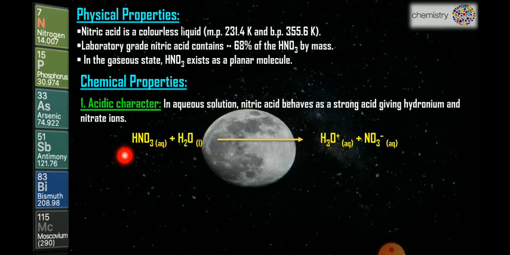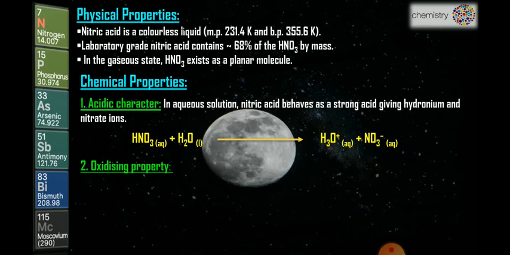So this ionization of nitric acid in aqueous solution indicates that nitric acid is a strong mineral acid. It's an Arrhenius acid because in aqueous solution it gives what? Hydronium ion and a nitrate ion. It dissociates into H plus forming hydronium ion with water.